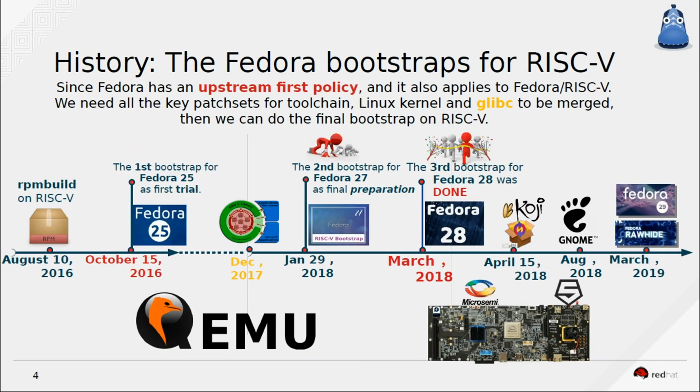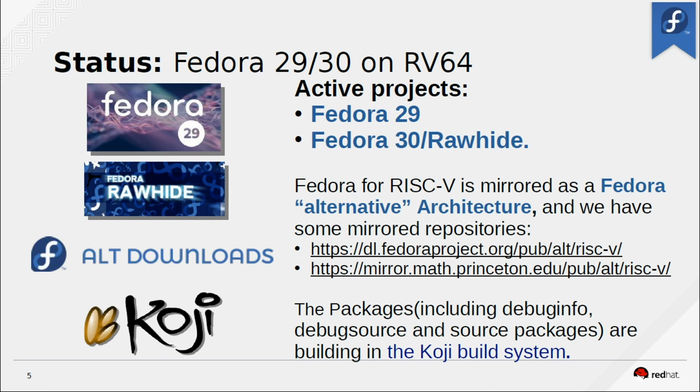So you can see, a long time ago we were using QEMU, but right now we have some hardware to use, and it can accelerate our build procedure. Right now in our Koji system, all the packages are built here, and we have two active projects. One is the current version, Fedora 29. The other is a future version, we call it Rawhide, Fedora 30.